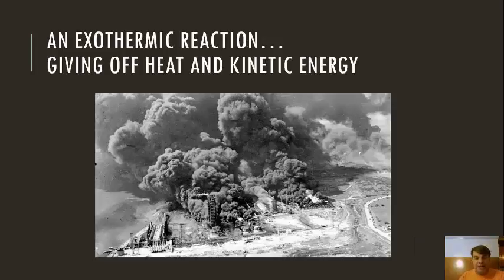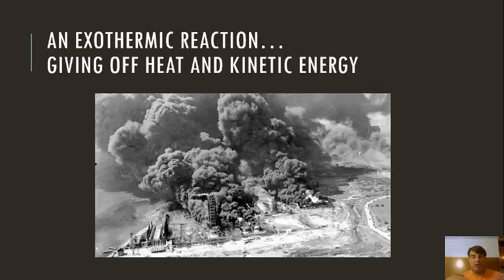What you're looking at is the aftermath of an explosion of the Grandcamp. It was a French ship that was docked in Texas, and it had an amazingly large amount of ammonium nitrate on it. And we don't know exactly why the fire started. Maybe somebody flicked a cigarette overnight, and by morning it was a problem.